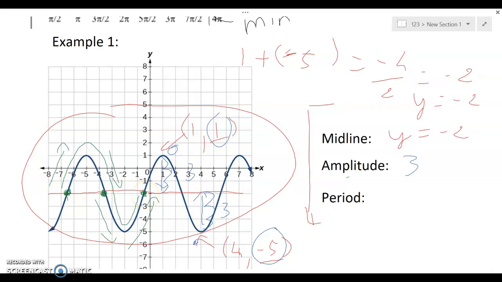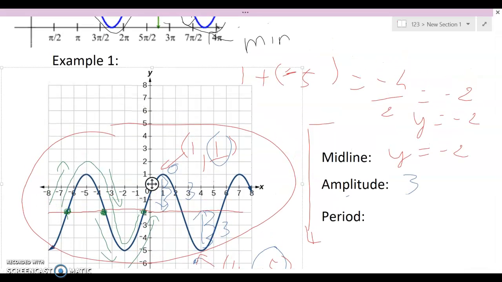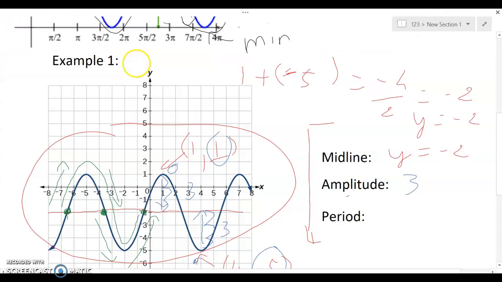So now, we will see how much space it took for us to get from this point to this point. Right now, we're at about negative 6.5, and right here, this is negative 0.5.